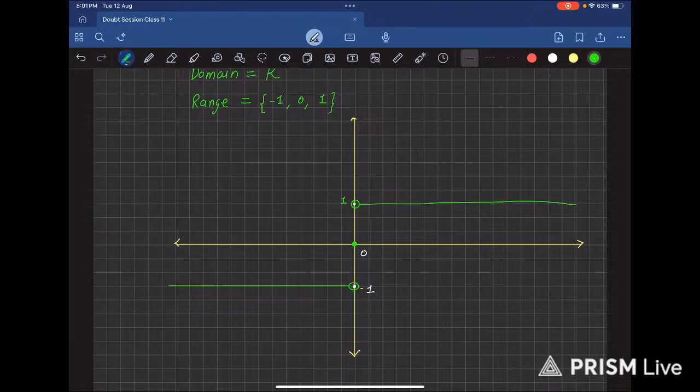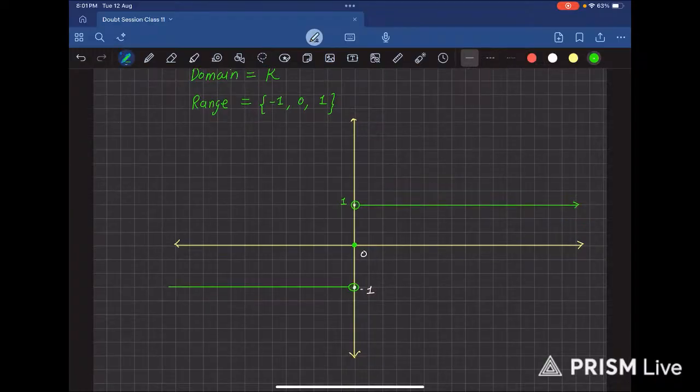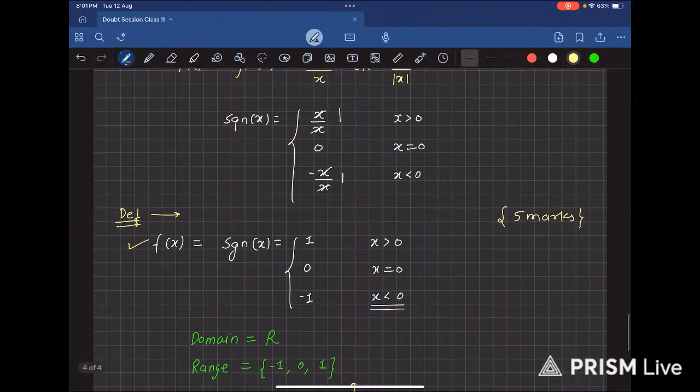And these are the answers for positive input. Okay, so it is the graph for the signum function, students. That is enough for the NCERT board.